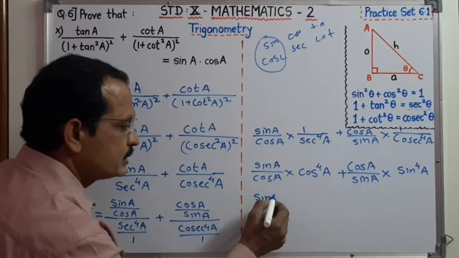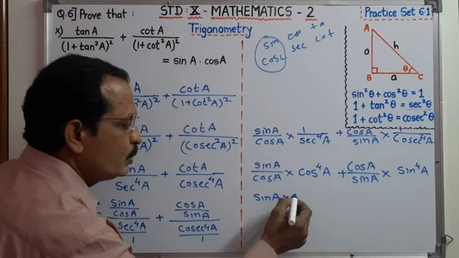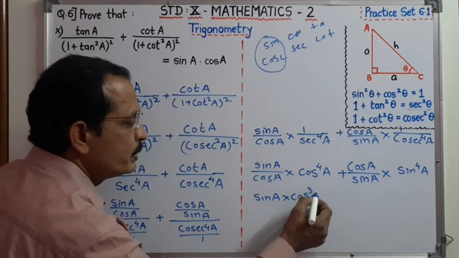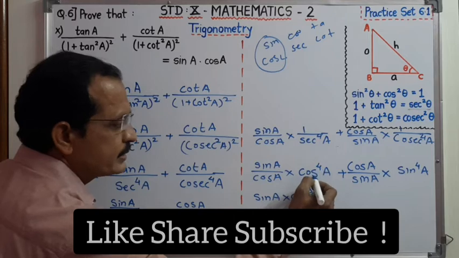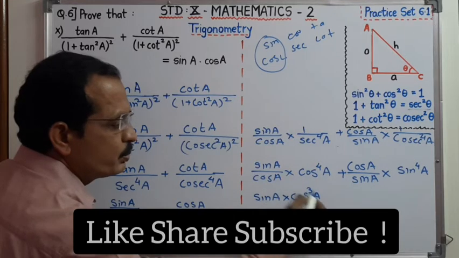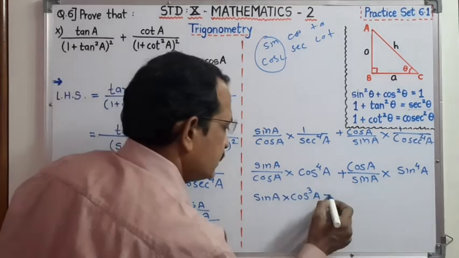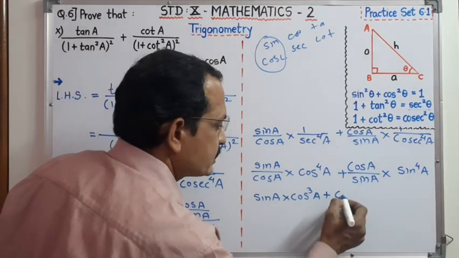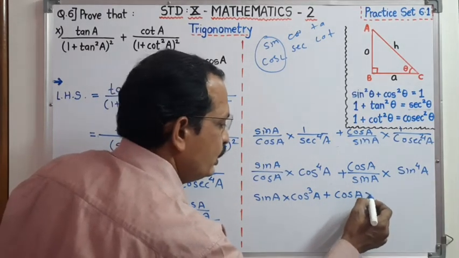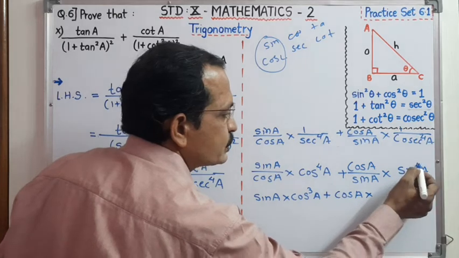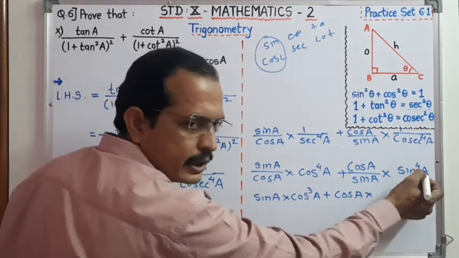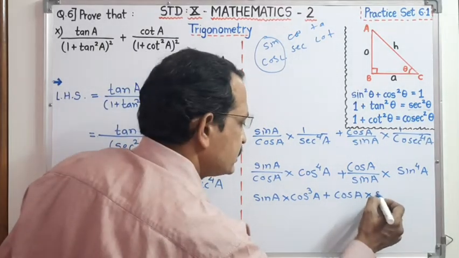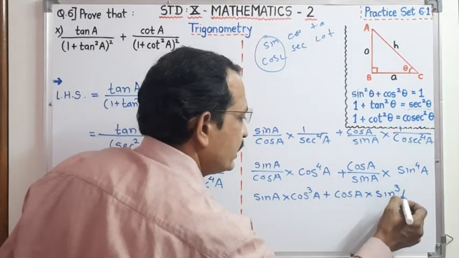Therefore, here it is sin A into cos cube A. This cos A and this 1 cos A get cancelled, therefore it is cos cube A. Plus, see dear student, this cos A as it is into this sin raised to 4A and this sin A, 1 sin A gets cancelled, therefore it is sin cube A.